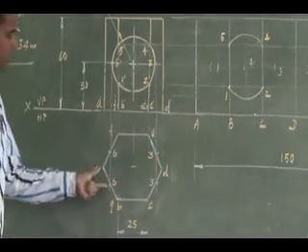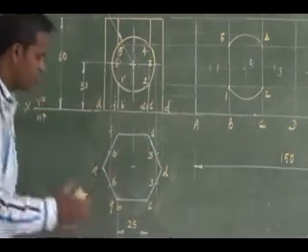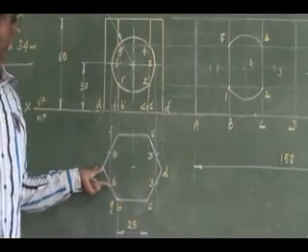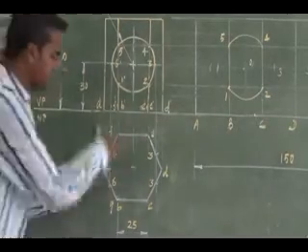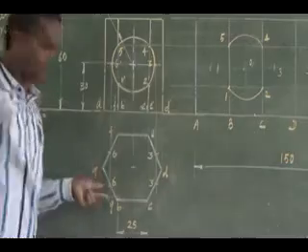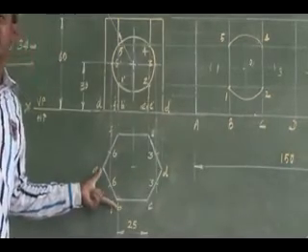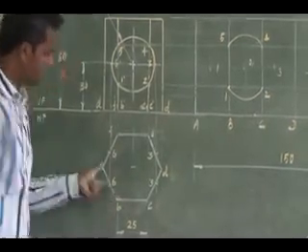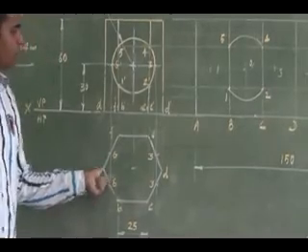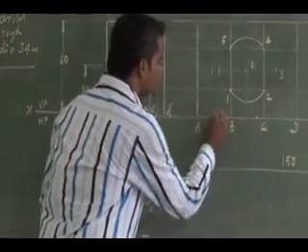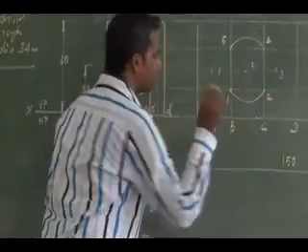So from A to 6, what is the distance? To measure it, where do I have to mark this 6? From A to 6, what is this? This is nothing but my base. So A to 6, I have to mark it in between base AB. I can mark the 6 at AB.